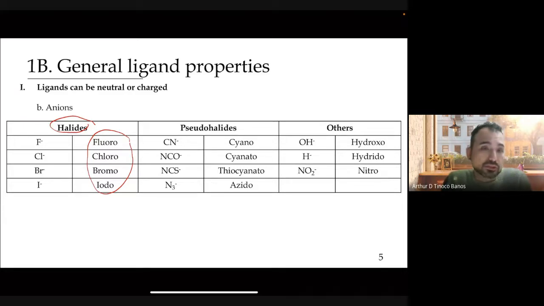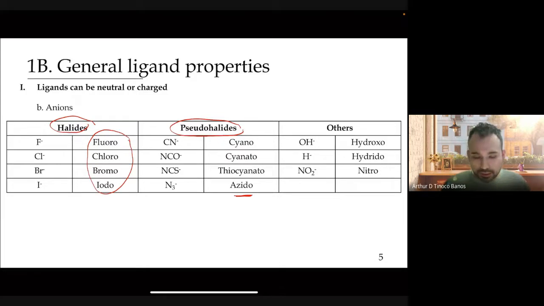Chloride will be referred to as chloro, and so forth. Then you have those types of anionic ligands that are referred to as pseudohalides. They have that -1 charge, and you see the associated common names to refer to these particular ligands. This just gives you an overview of these small molecule representations of anionic species.